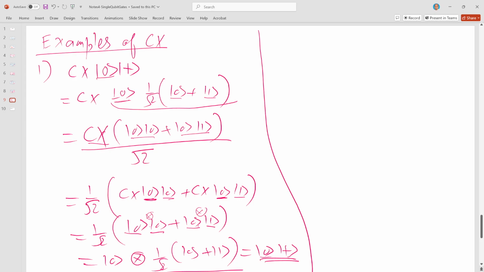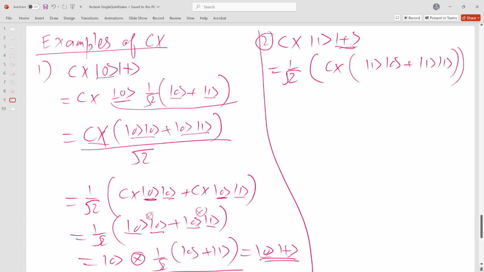And let's see another situation. So let's say Cx, example number 2, applied to 1 plus. In this case, I can write this thing as 1 over square root 2 Cx on 10 plus 11.